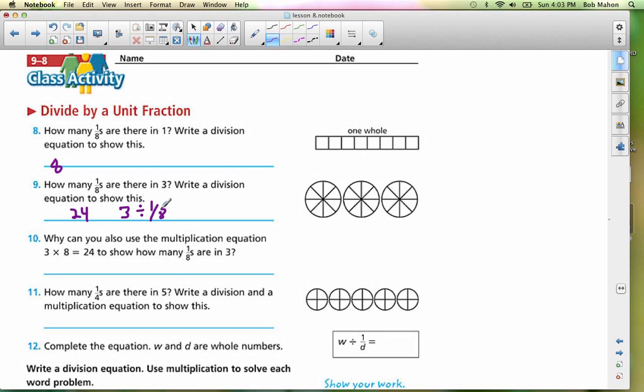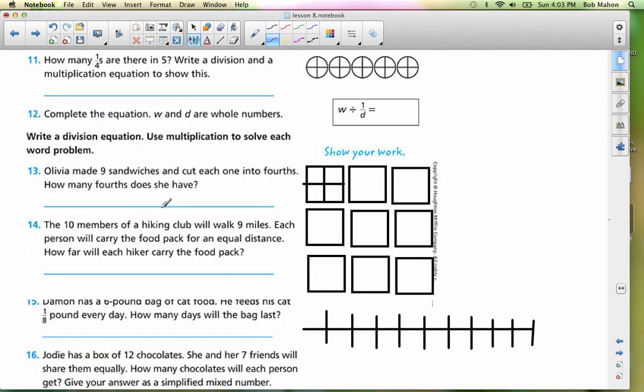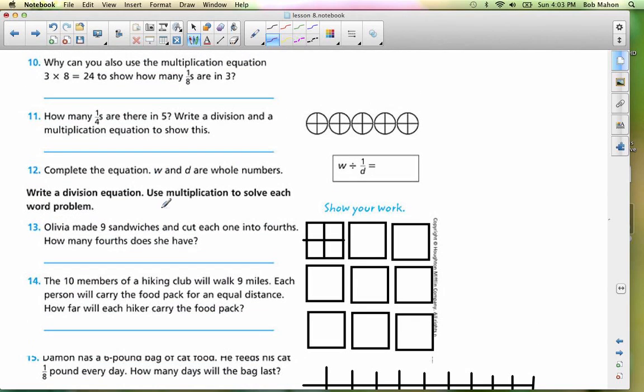Okay. Why can you also use the multiplication equation 3 times 8 to show 24, to show how many eighths there are? Dividing by a unit denominator is the same as multiplying by the denominator. So that was what I said at the very beginning there. Anytime you are dividing by a unit denominator, it's the same as multiplying the whole number times the denominator.